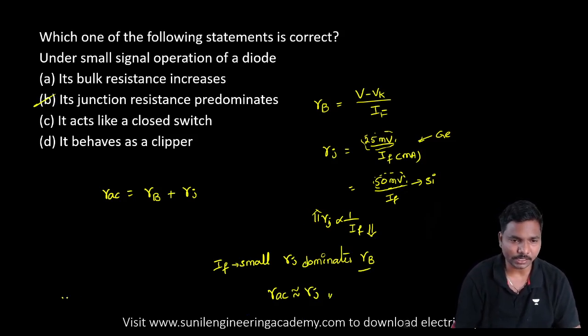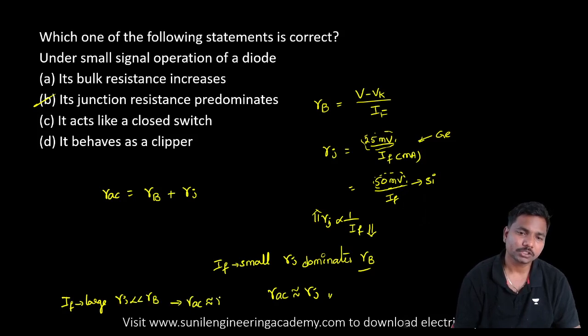For large signal operation, IF is more, so RJ is less. RJ is very much less than RB. Then RAC is almost equal to RB. Then bulk resistance predominates.